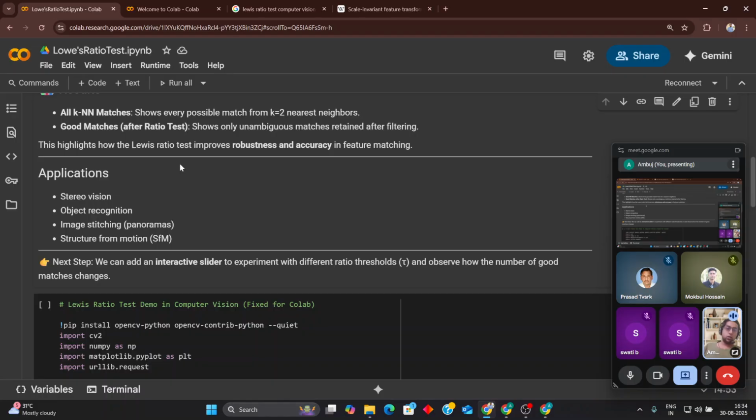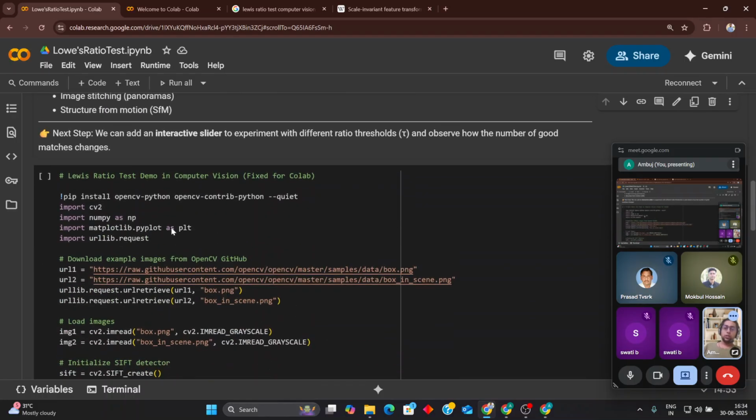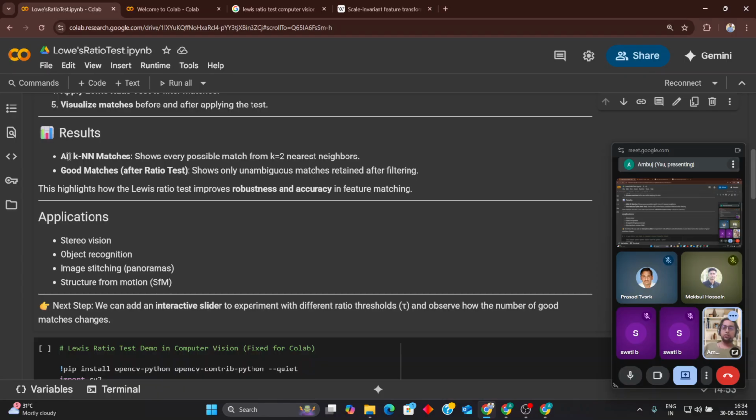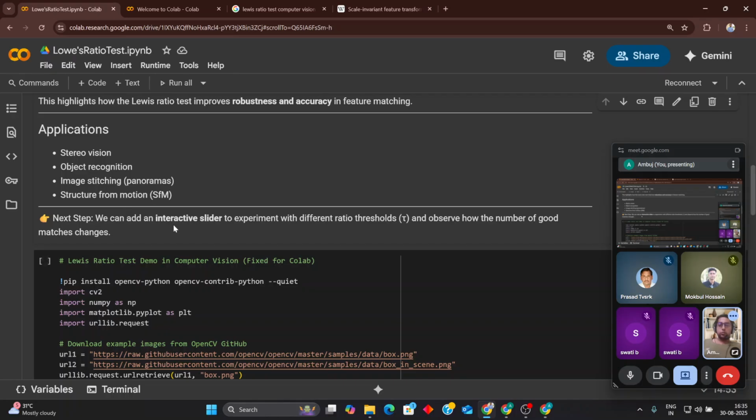You will get the nearest matches and the good matches that you will be able to obtain only after your Lowe's ratio test has been fully performed. You can also prepare an interactive slider here.